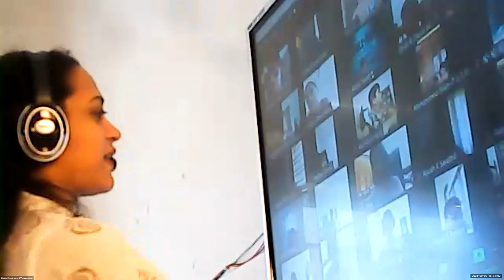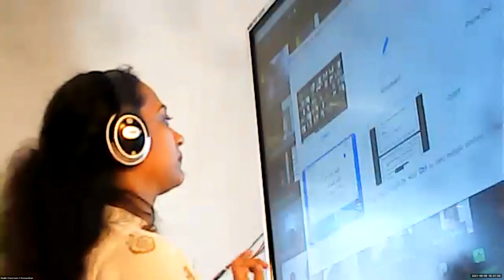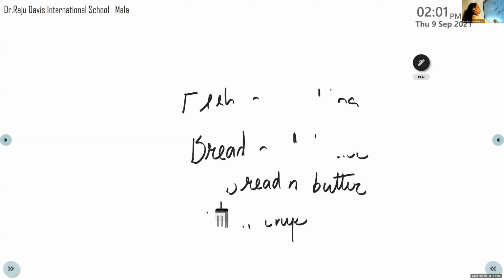Another example of linking. The first one that we saw is the schwa sound.